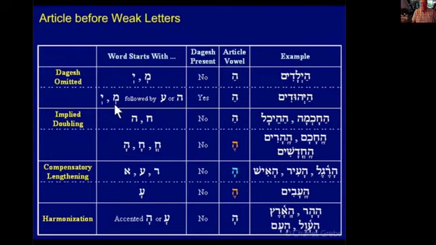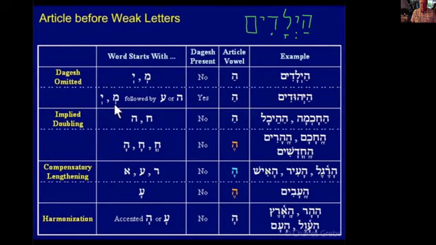He makes a little mistake here, but he sees when you have ha, yeladim means children. When you have the children, this becomes CVC.